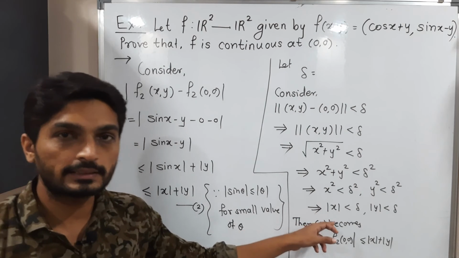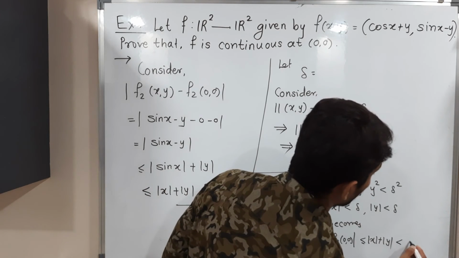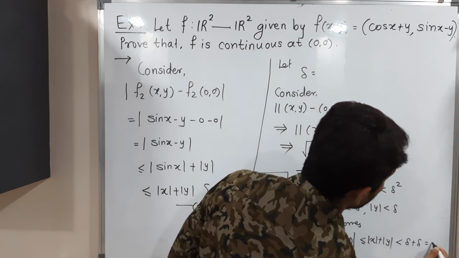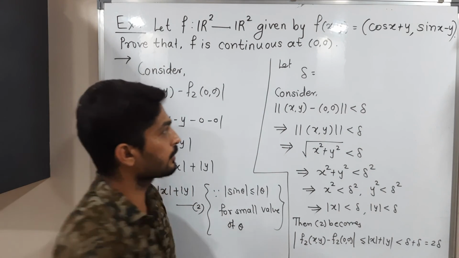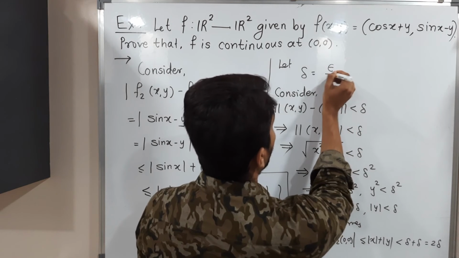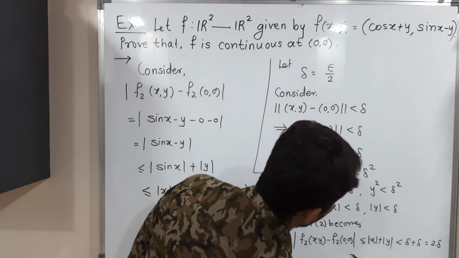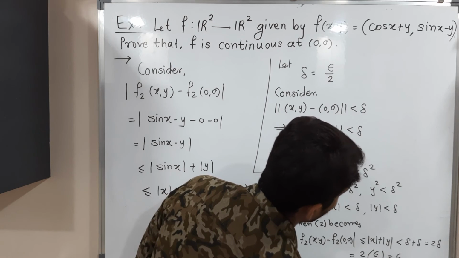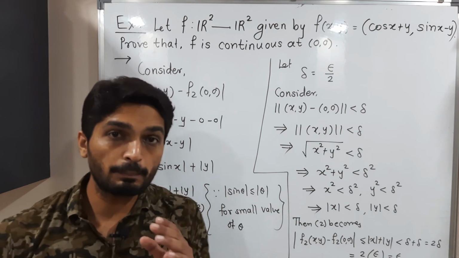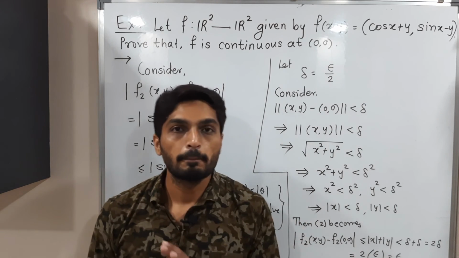But mod x is less than delta, and mod y is also less than delta. So delta plus delta is 2 delta. We had to prove that it is less than epsilon. So my choice of delta should be epsilon by 2. So this is equal to 2 epsilon by 2. The 2 cancels and we have epsilon. So in this way we proved that its mod is less than epsilon.